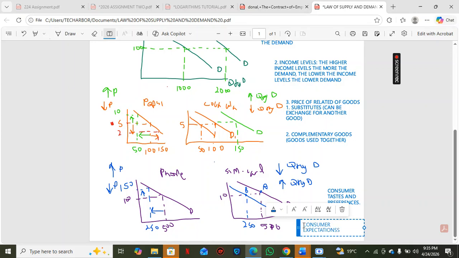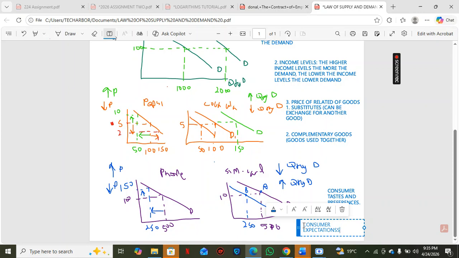When we expect the price of a good to go up, we buy more because it's cheap now. Whenever fuel is about to increase, people go to the gas stations to buy as much fuel as they can at a cheaper price. At that instant, demand for fuel has grown because people are even buying in bulk.